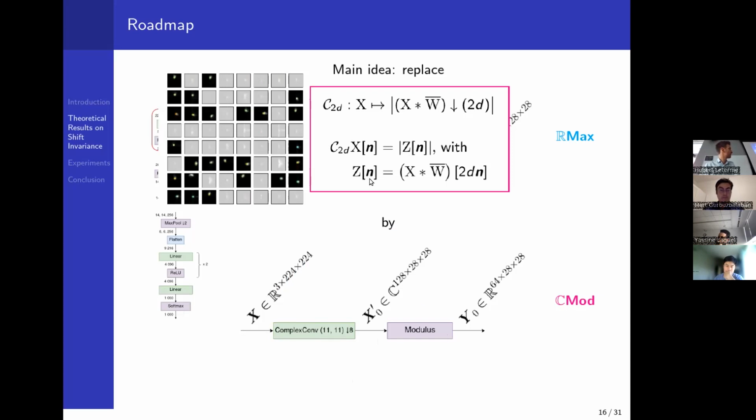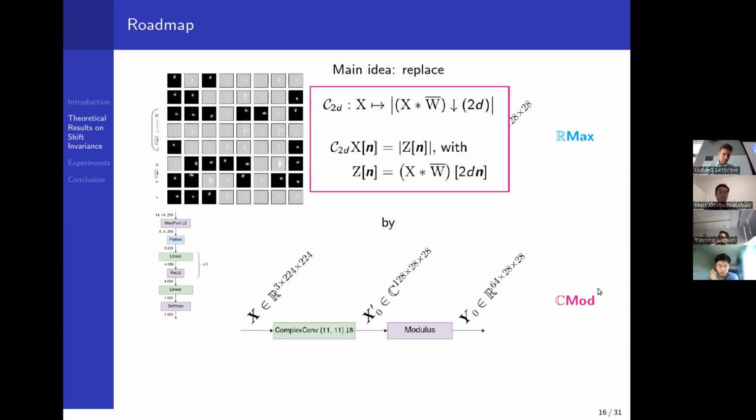Again, here we have the mathematical formulation of this operator. It's a convolution with a complex filter this time, with subsampling, and then we apply the modulus to the feature maps. We refer to this feature extractor as the C-mod operator, and it will always be displayed with a magenta color, just for the sake of clarity.